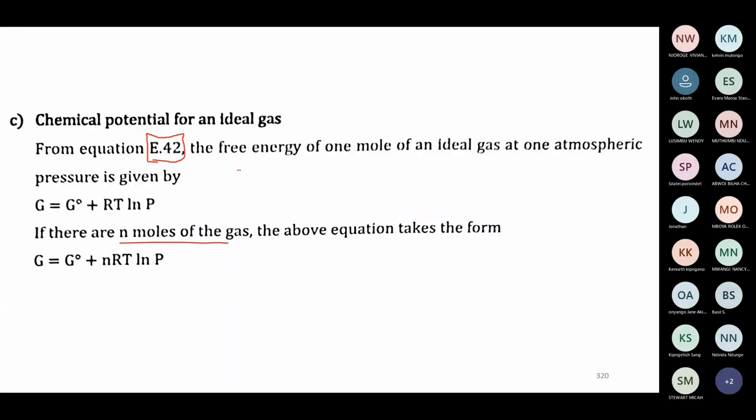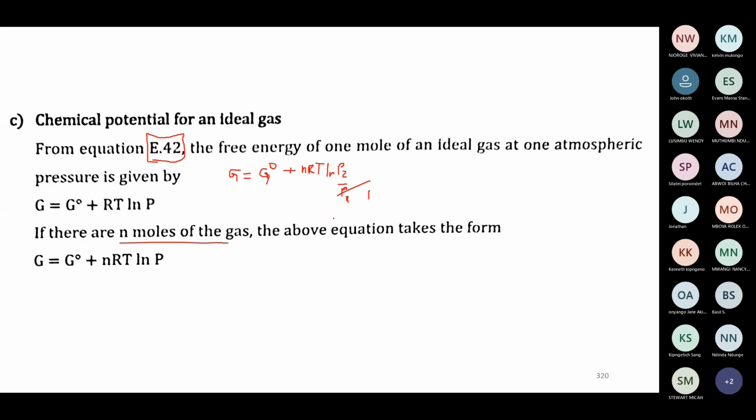So remember, this expression was G equals G naught plus nRT ln P2. I stand corrected, you can confirm this, P1. So if this was 1 mole, the initial pressure was not 1 mole, but 1 atmosphere.